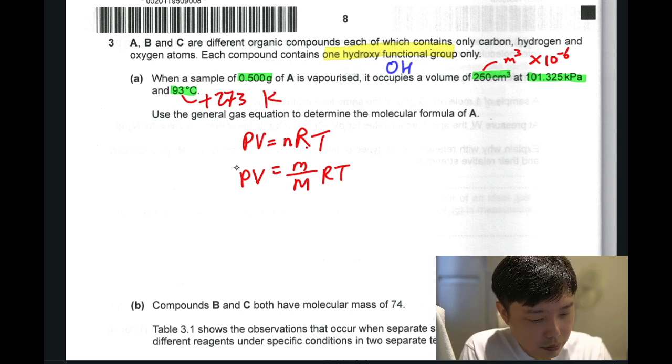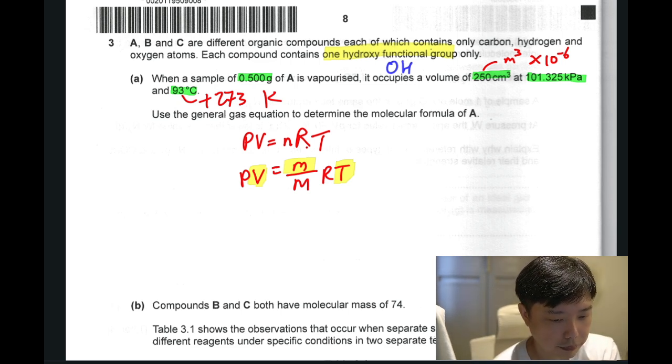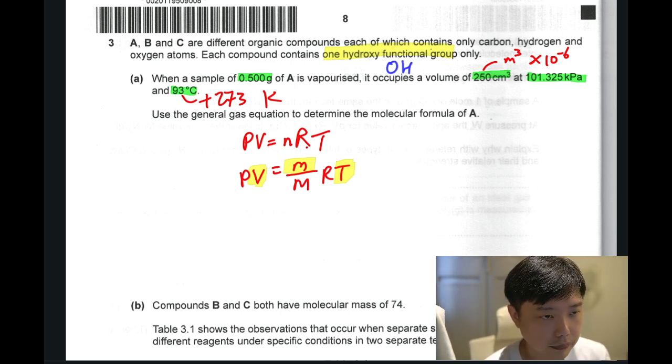So we are given mass, we are given volume, we are given temperature, so we just substitute all this in.